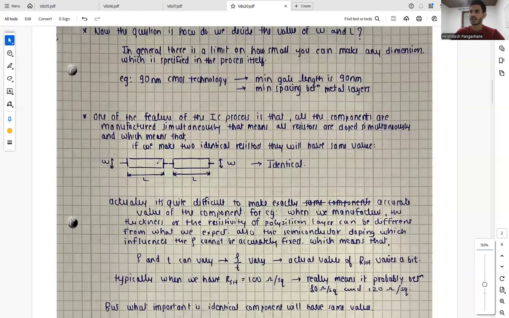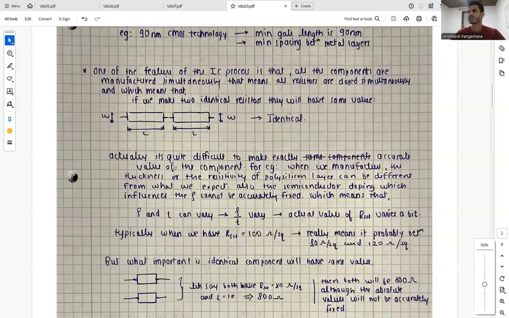Let's say we have two resistors whose width and length are the same, so we can call them identical, and they will have the same value. Actually, it's quite difficult to make an exactly accurate value of the component. For example, when we manufacture, the thickness or the resistivity of the polysilicon layer can be different from what we expect.